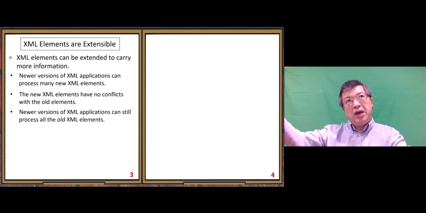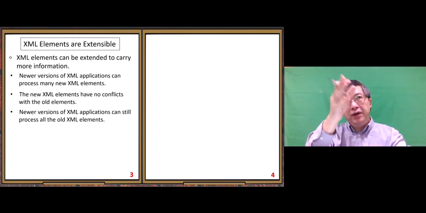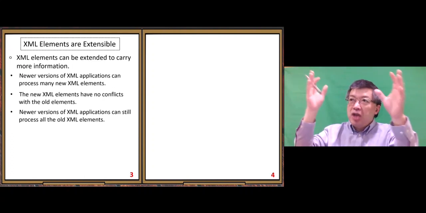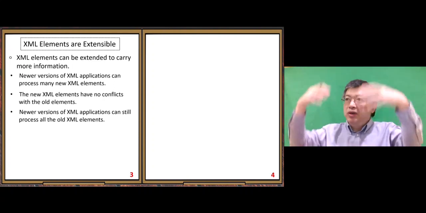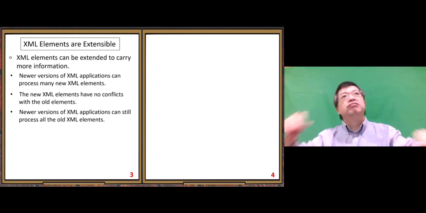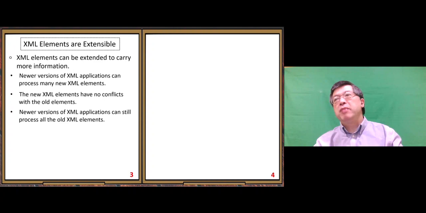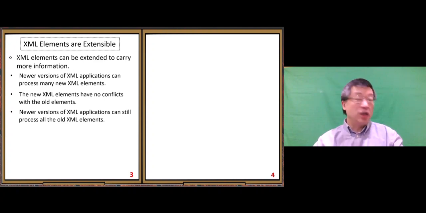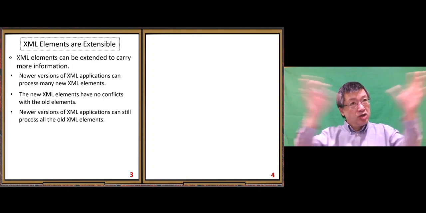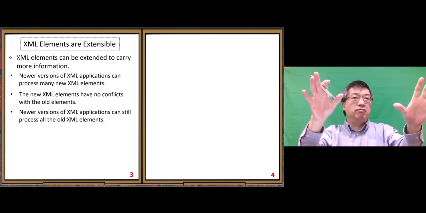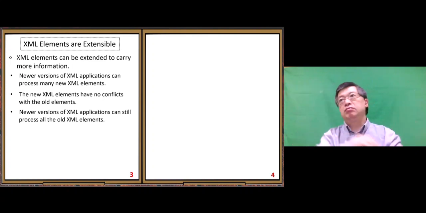Because the documents using old XML elements are just a subset of the newer version of your XML tag elements. So the new tool can still display the subset without any problem. That's the meaning of the extensibility issue.